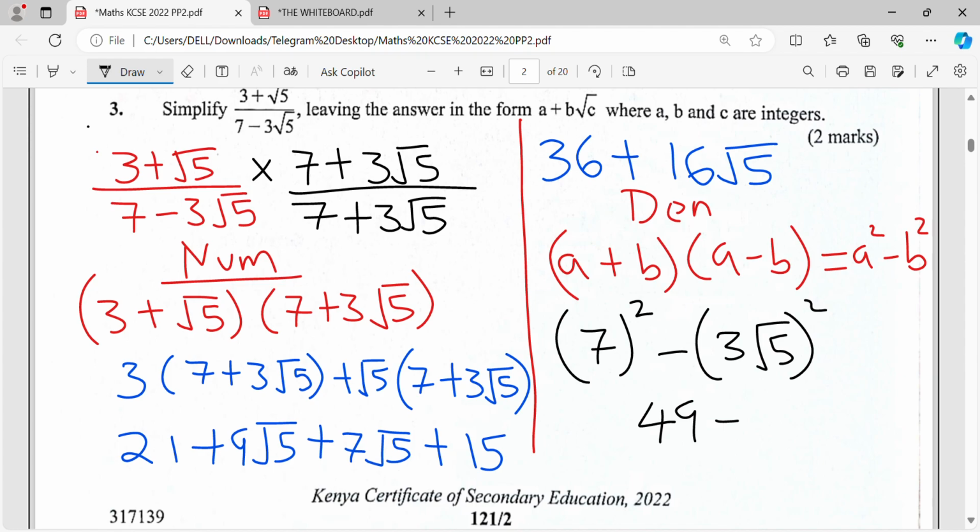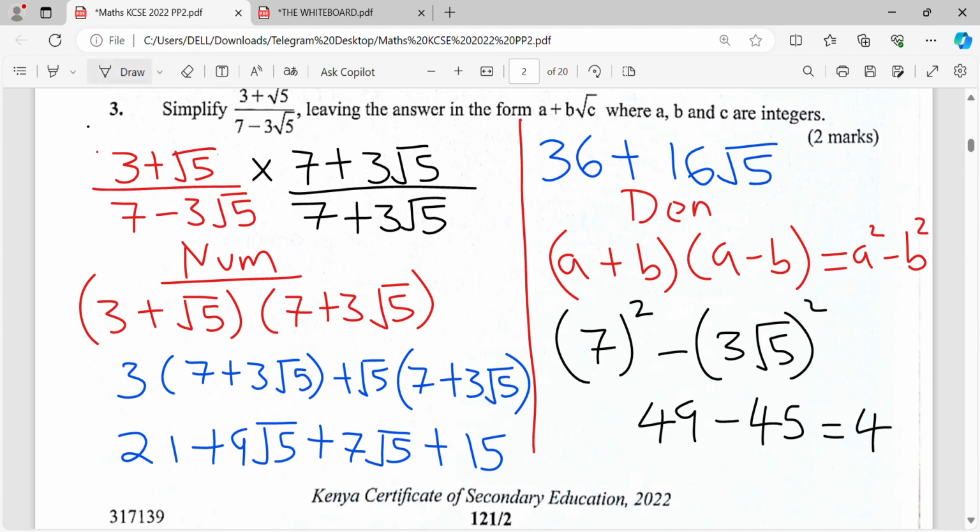So we're going to square them. To square is to multiply something by itself. Like for example, 7 square, that is 7 times 7, it is 49. So let's square 3 root 5. We want to multiply 3 root 5 by another 3 root 5. So 3 times 3, we are going to get 9. Then root 5 times root 5, we know that will be root 25, which is 5.